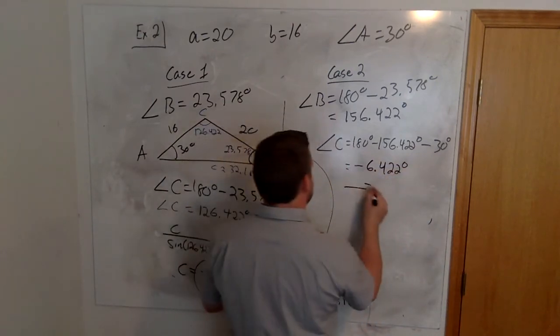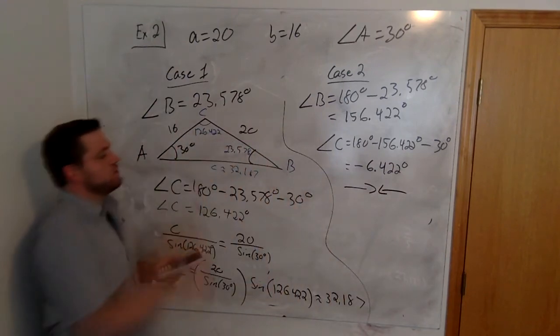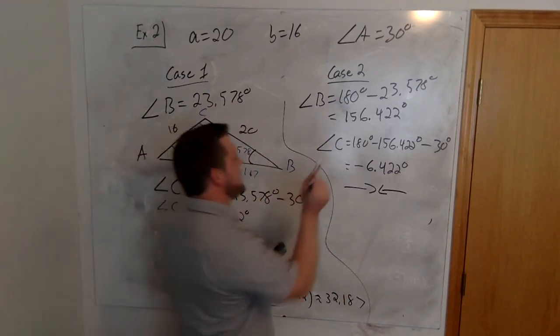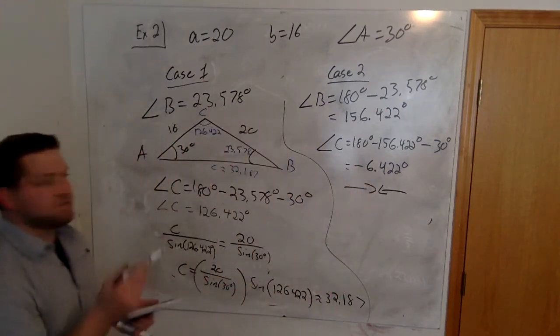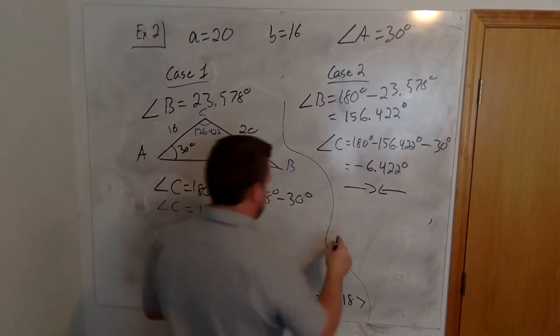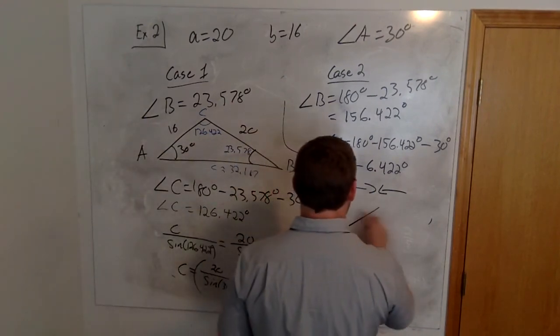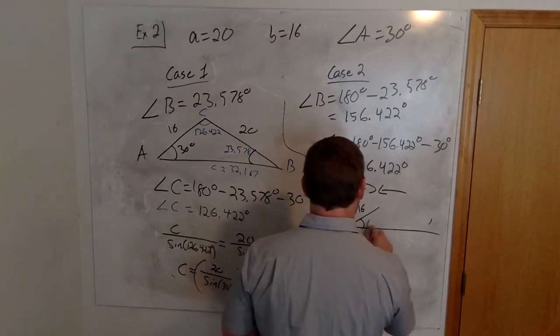This is a contradiction. With any sort of triangle, all these angles should be positive. By trying to find angle C and it giving you a negative answer, this is telling you that this is an impossible triangle, which hopefully you can see here would have to be impossible if this is 16 and this here is angle A.